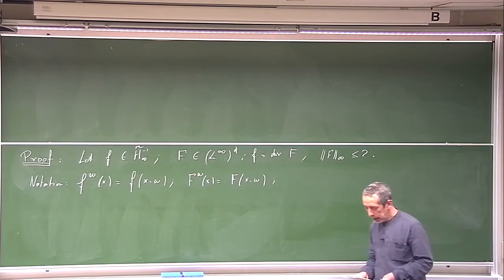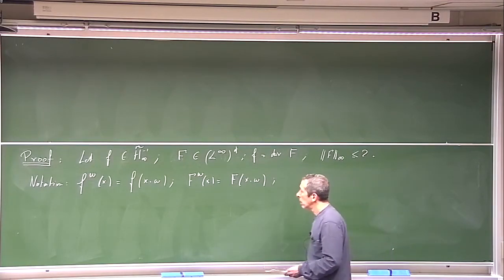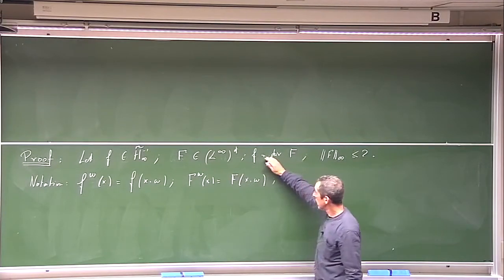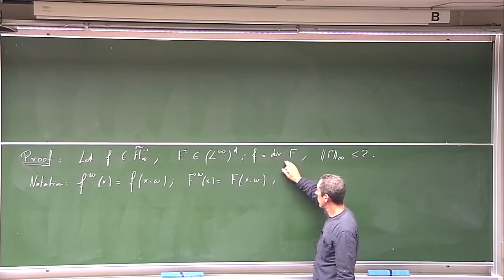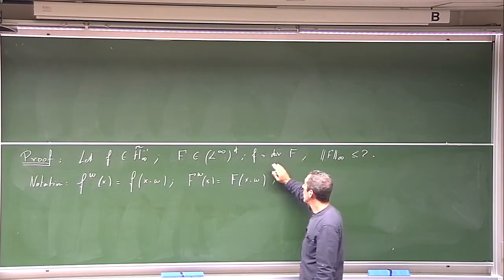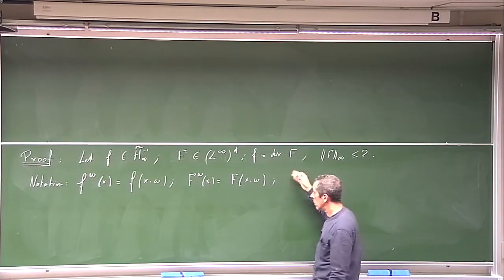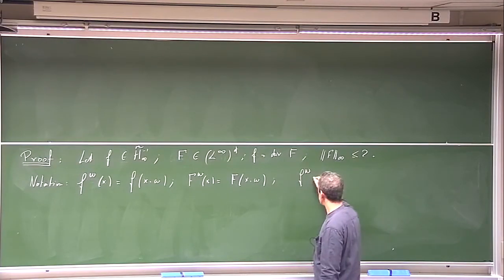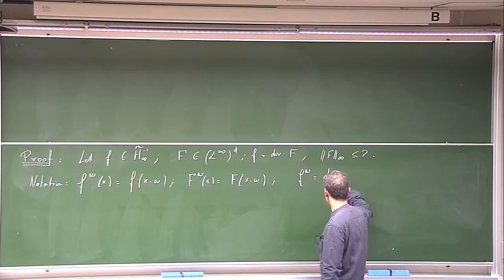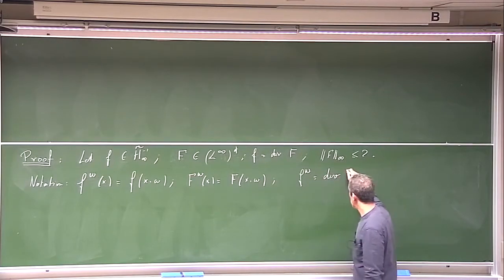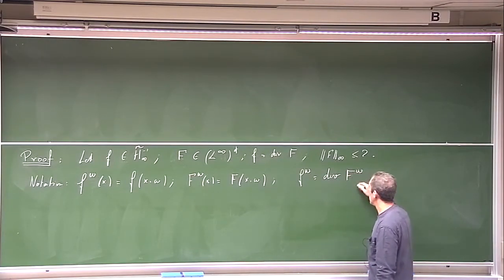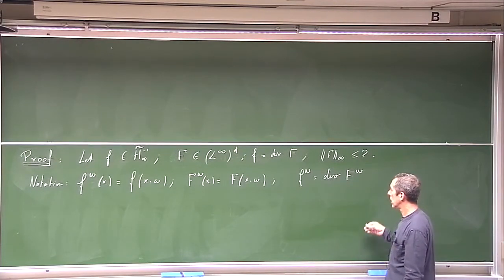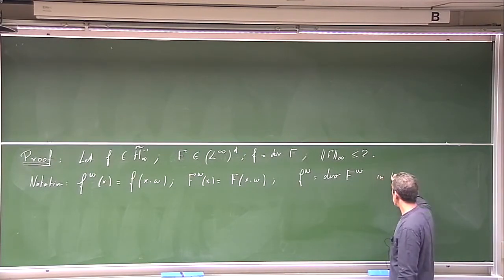So with this notation, the fact that small f is the divergence of big F is a divergence in omega space. But this translates into the relation that f_omega is a divergence of big F_omega in R^d for the standard divergence operator in R^d.